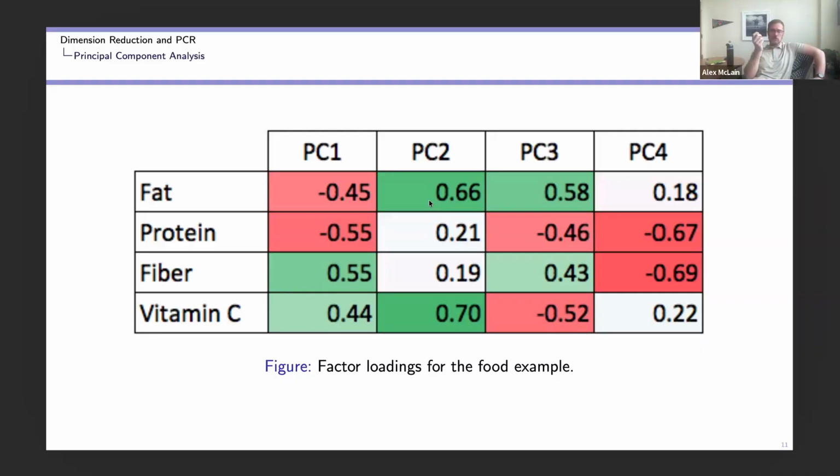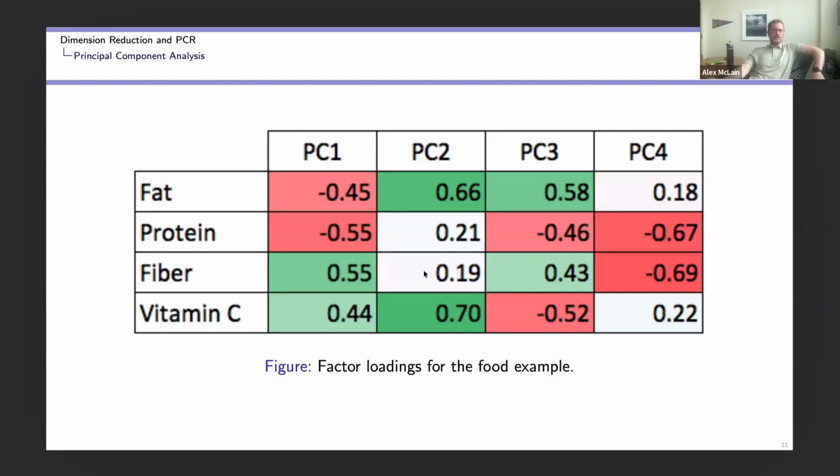So principal component 2, high correlation with fat, high correlation with vitamin C. So foods that are high in vitamin C, high in fat are going to have high scores. Protein and fiber are not really related to principal component 2. So commonly, if the loading is less than 0.4, you'll kind of ignore it.